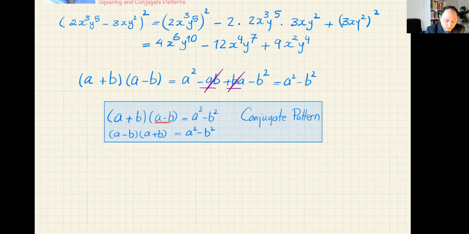It is sensitive to the one where you see the difference. Here, if I ask you in a minus b which one is the first one, the answer is definitely a, not b. Because a minus b and b minus a are different. So the conjugate pattern is sensitive to that one, including the minus sign.